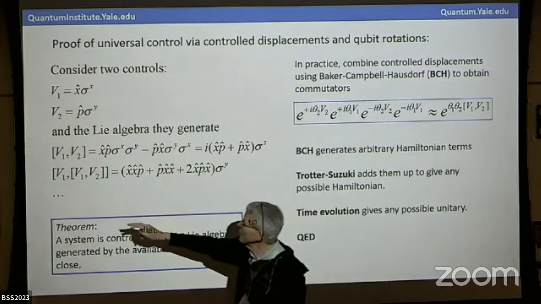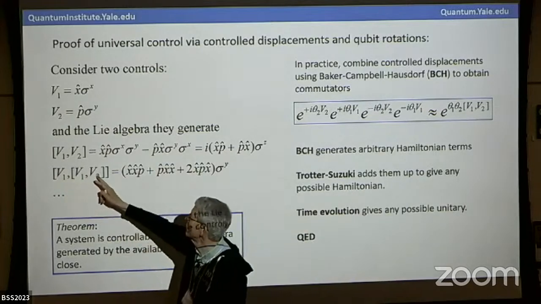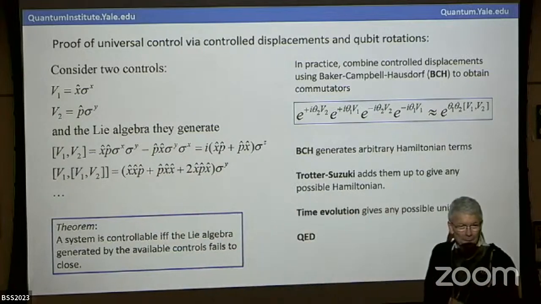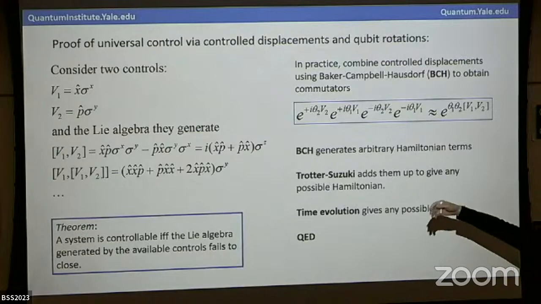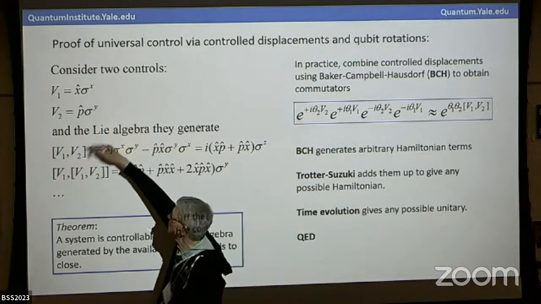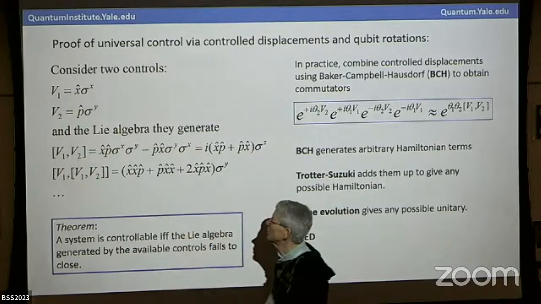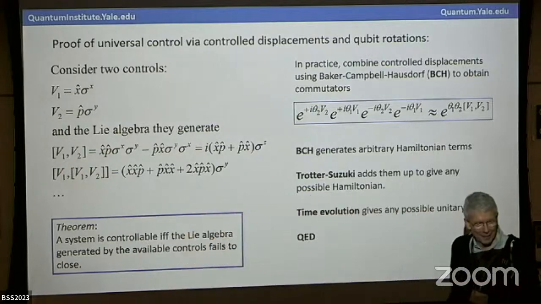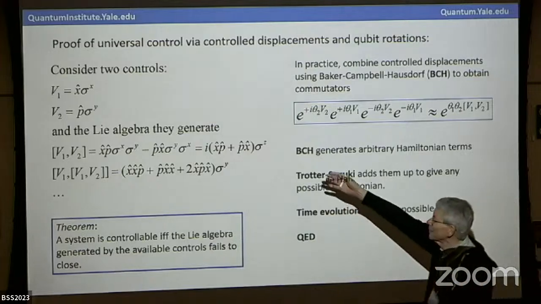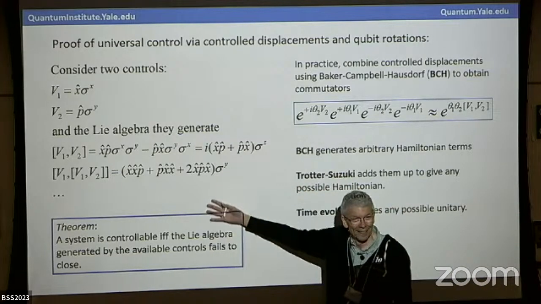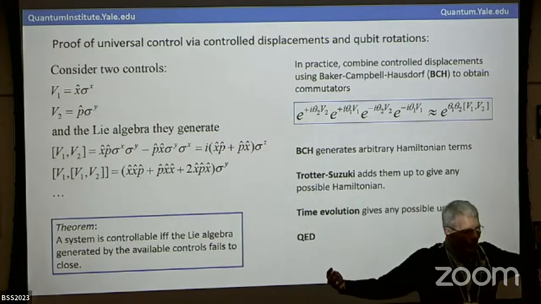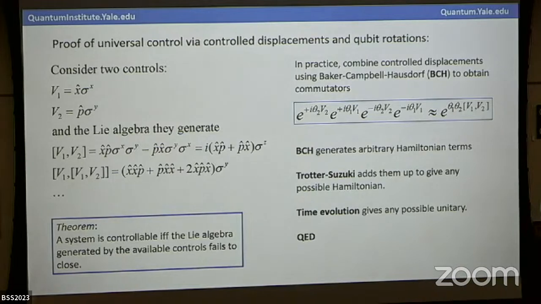And if I take the commutator of V1 with that more complicated thing, I get an even higher order polynomial. And this is a Lie algebra, right? These operators are elements of a vector space, and a commutator produces another element of the vector space, and the algebra does not close. Every time you take commutators, you get more and more complicated polynomials.